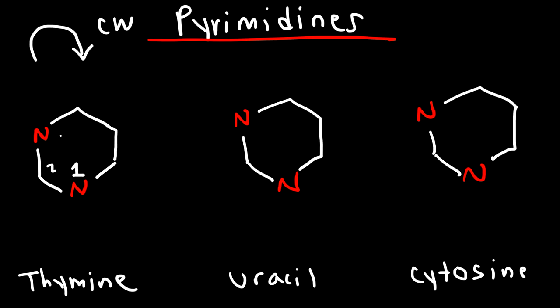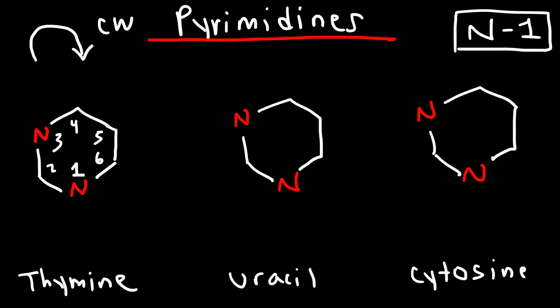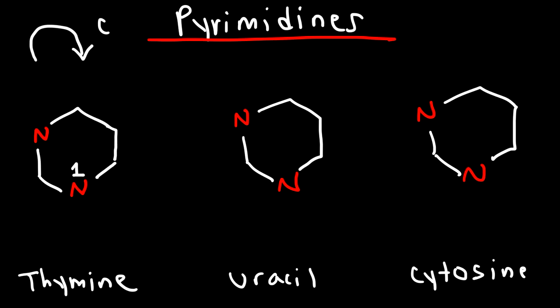So this is 2, 3, 4, 5, and 6. Now the ribose will be attached to the nitrogenous base at the N1 position. So make sure you keep that in mind if you're taking notes. Now I'm going to get rid of the numbers, but you can add it there in your notes.